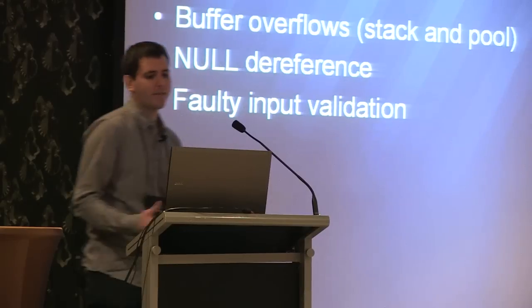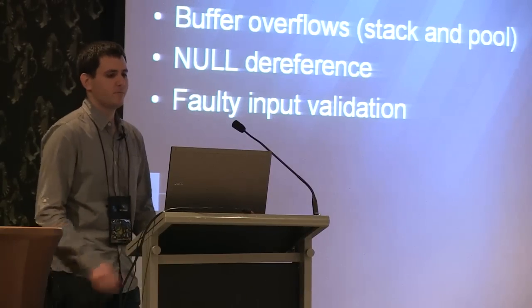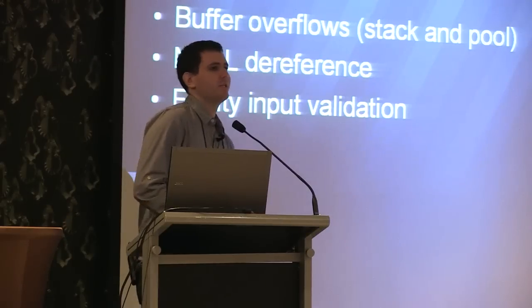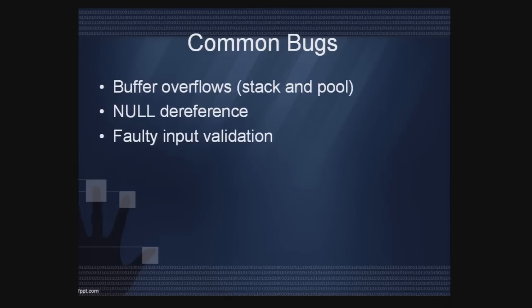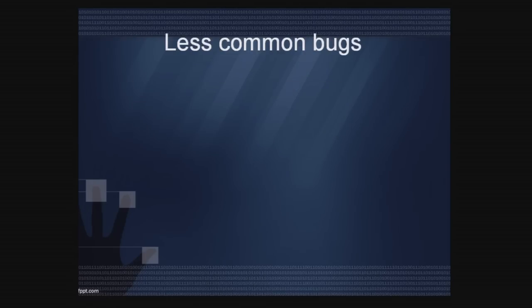And another very common bug is input validation. I'll show you examples of these two, the null dereference and the faulty input, later. But these are the things that you mostly see. Stuff that you see less is use after free.